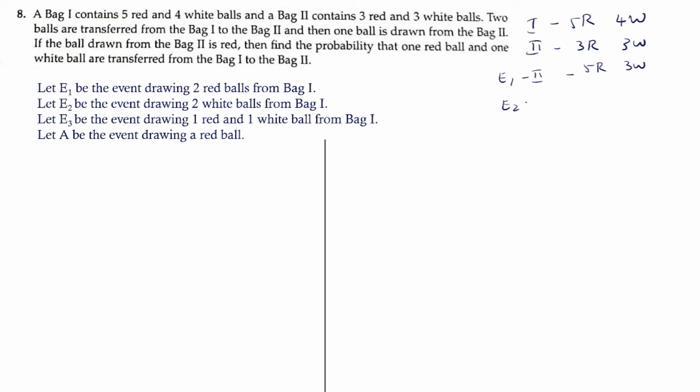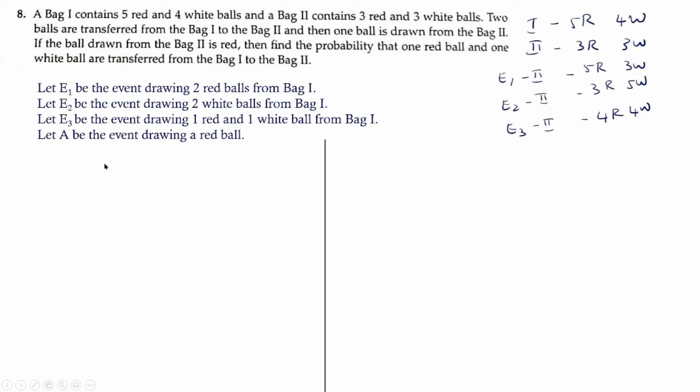And if E2 occurs, then the second bag will have 3 red and 5 white balls, because 2 white balls will be transferred to bag 2. Let E3 be the event drawing 1 red and 1 white ball from bag 1. So if E3 occurs, then the second bag will have 4 red and 4 white balls. So this is what happens to bag 2 if each of these events occur.